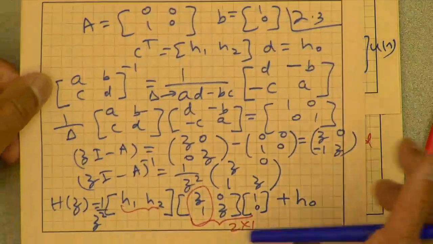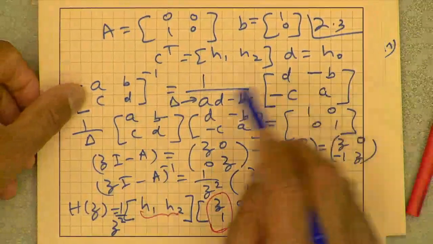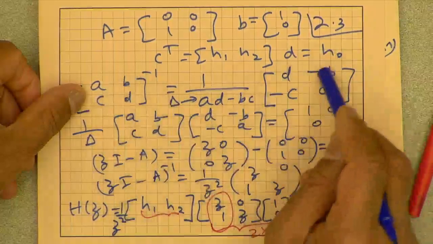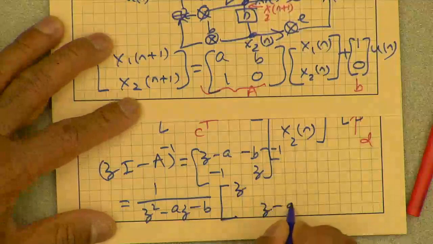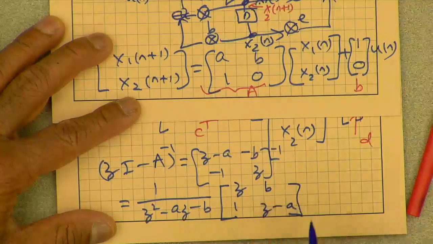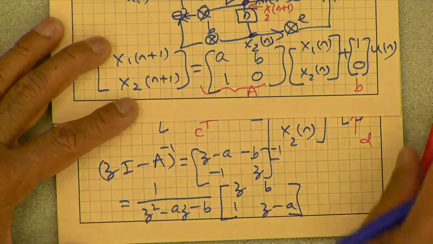Simply, the diagonals are interchanged, and the off-diagonal elements stay the same with negative sign. So this is z minus a, and these become b and 1. So that's the zI minus A inverse.